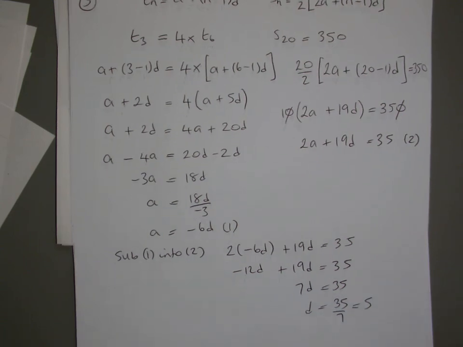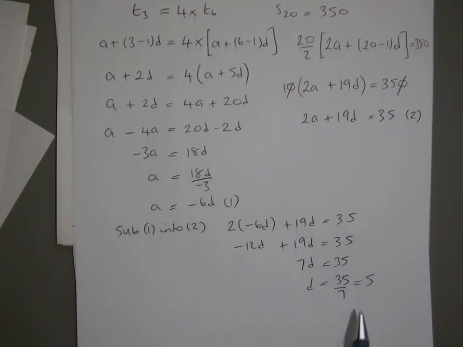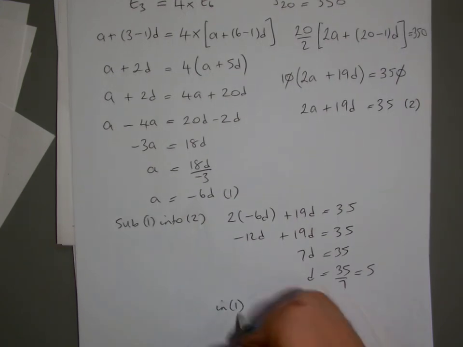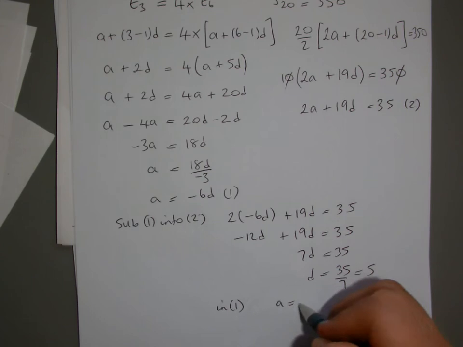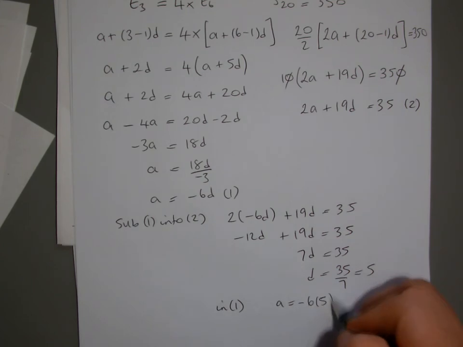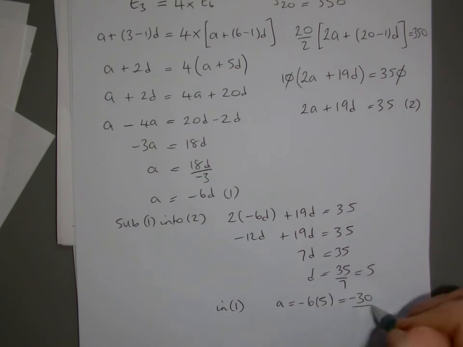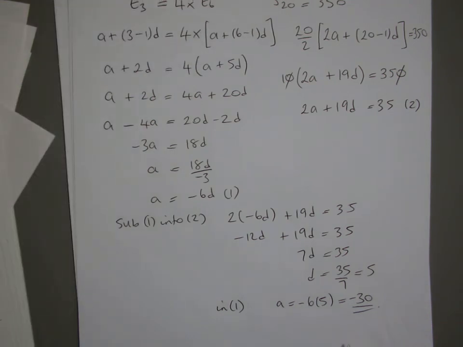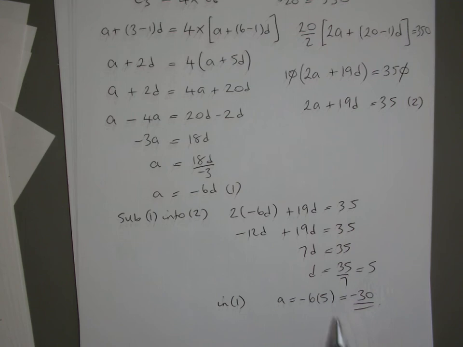Okay, so you've got the difference to be 5, you then substitute it back into 1 to work out A. So A will be then minus 6 times 5, which is minus 30. Okay, so there is your common difference and your first term A.